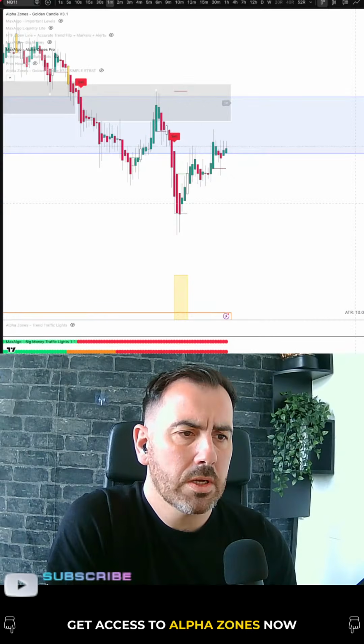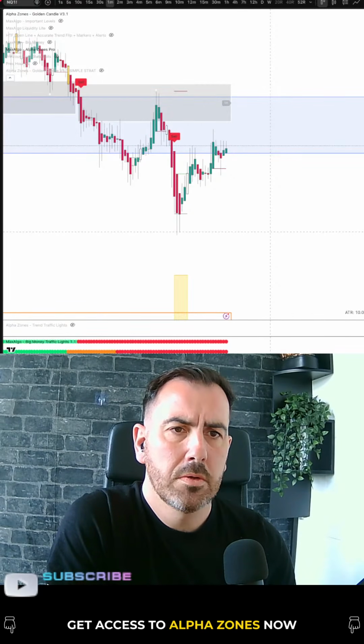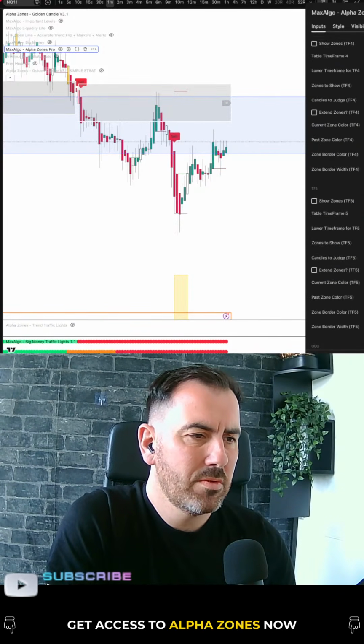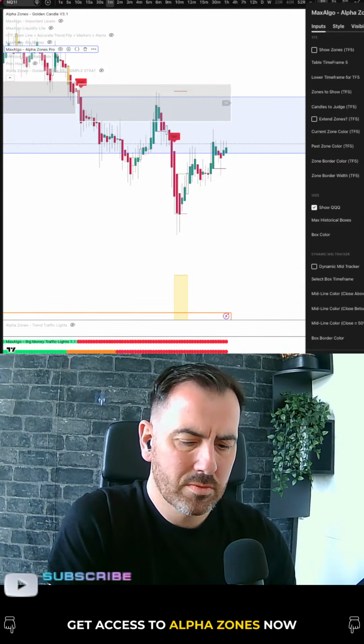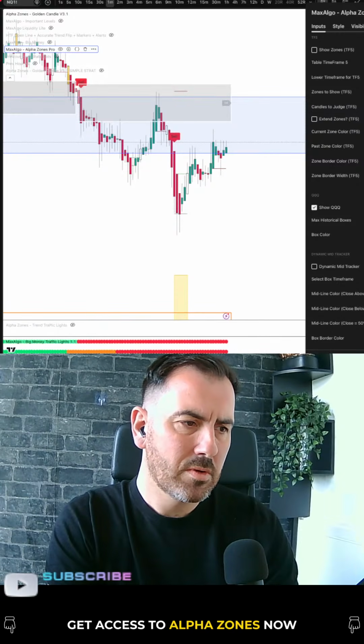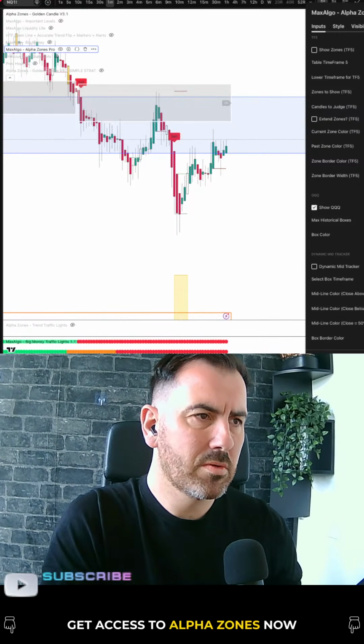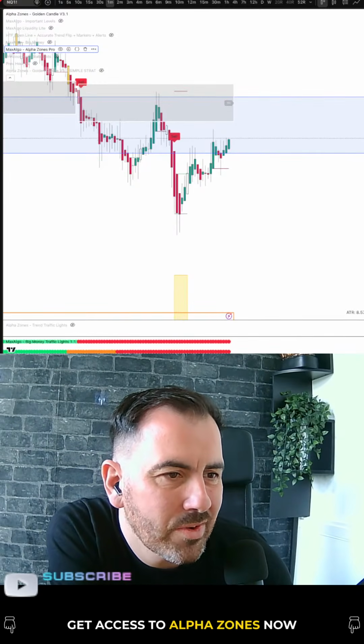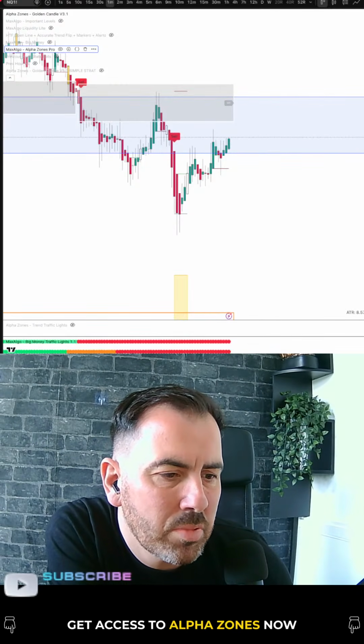Have a look, how close is that other Q? You would like to think that a double Q would hold. But it doesn't feel like it's going to hold right now. It feels like this is on its way back up.